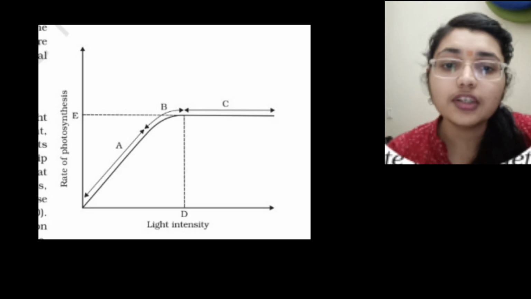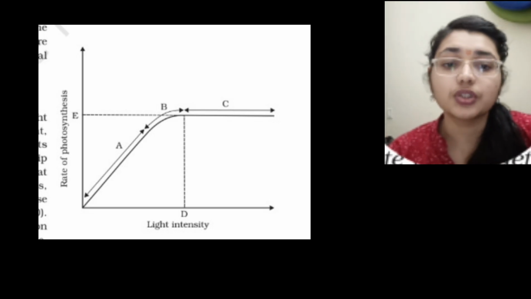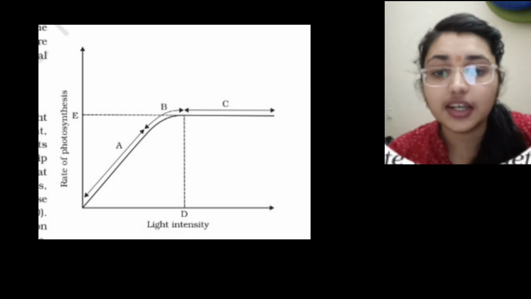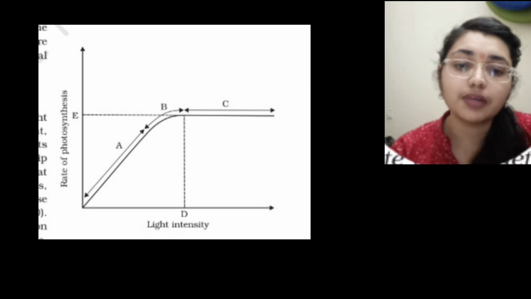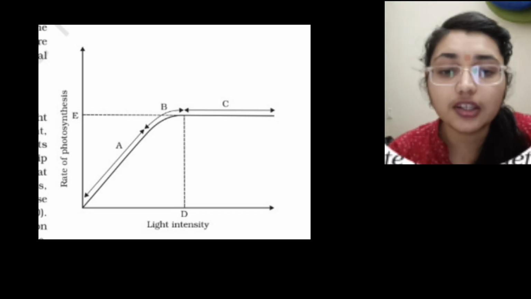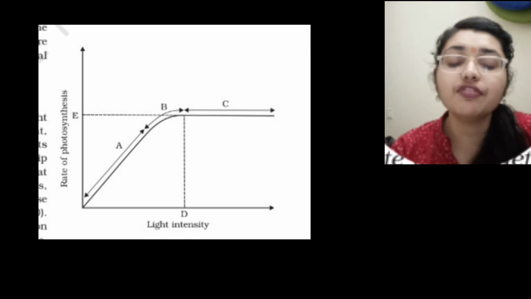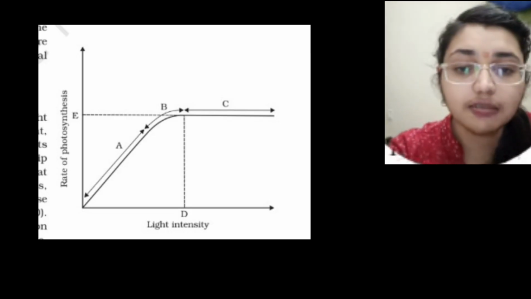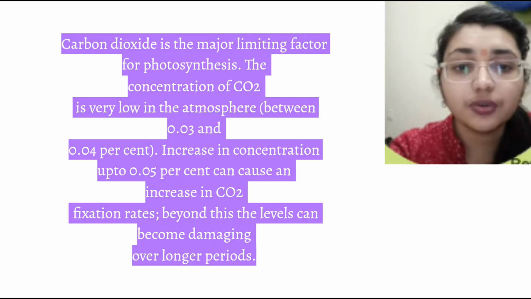What is interesting to note is that light saturation occurs at 10% of full sunlight. Hence, except for plants in shade or a dense forest, light is rarely a limiting factor in nature. Increase in incident light beyond a point causes the breakdown of chlorophyll and a decrease in photosynthesis.